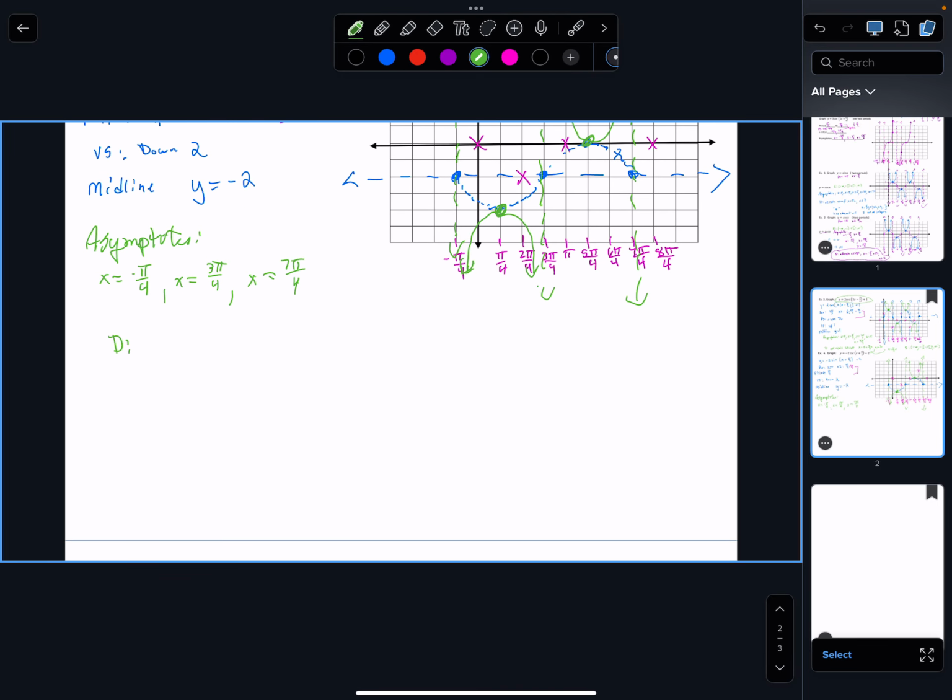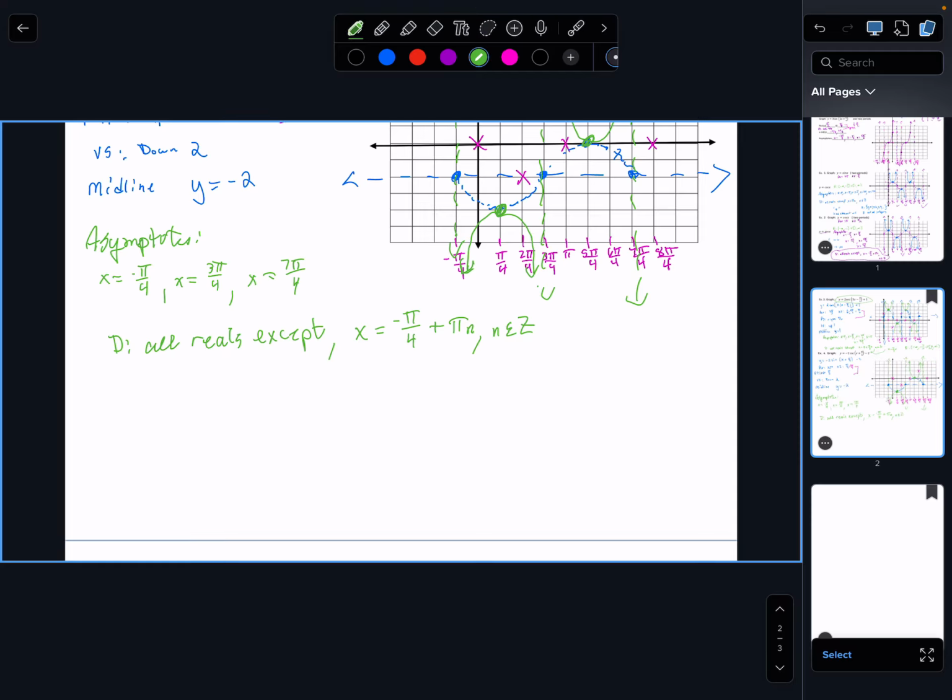And so that means your domain is all reals except, and you just pick one of those asymptote values, and then take the distance between them, which is half of your period, which is pi, times n, where n is an element of the set of integers.